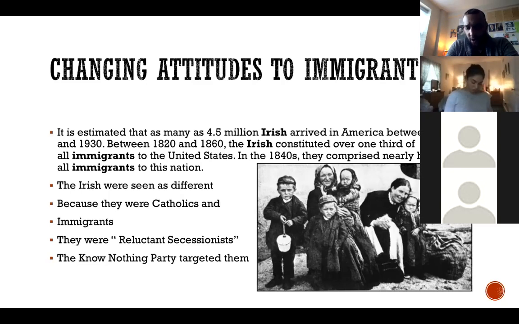They constituted over one third of all immigrants to the United States. In the 1840s, they comprised nearly half of all the immigrants to this nation. So this is why we are focusing on the Irish, because they represented almost half of all immigrants by the 1840s. Of course, we're also looking at the plight of Black Americans, because even though they were already here, they weren't indigenous, which means they weren't from America.